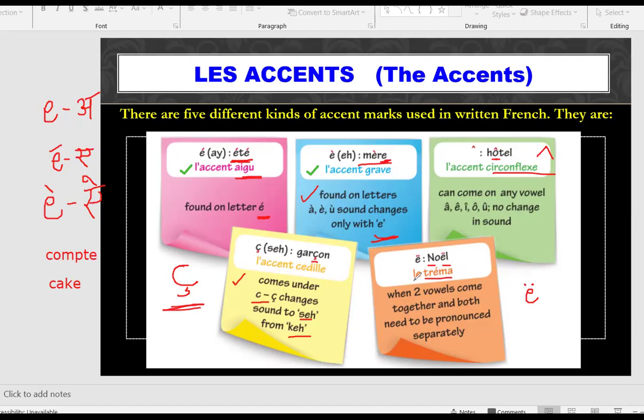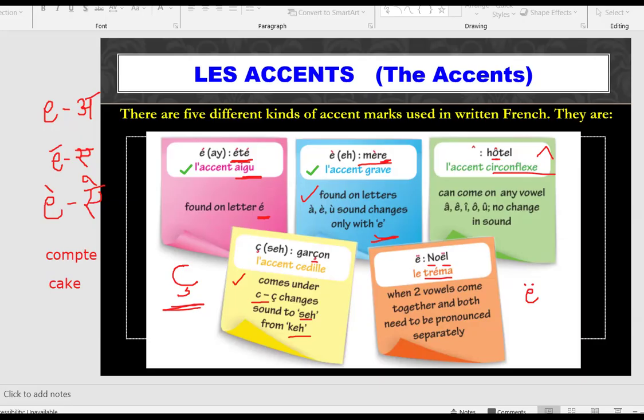Yes, I have a doubt on circonflexe. There is no change in the sound, so how will we know where to use that? Is there any identification? No, when you will be practicing the exercises, when you will be reading the phrases, sentences, words, this is how you develop the vocabulary.